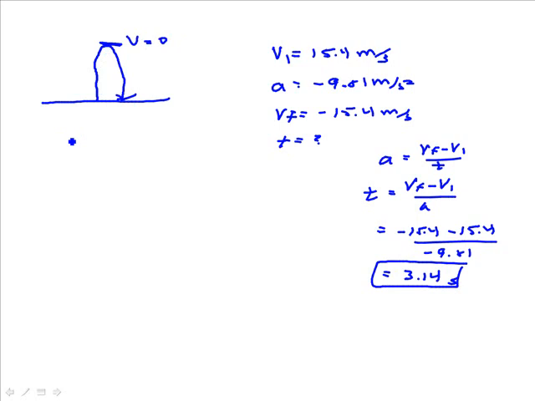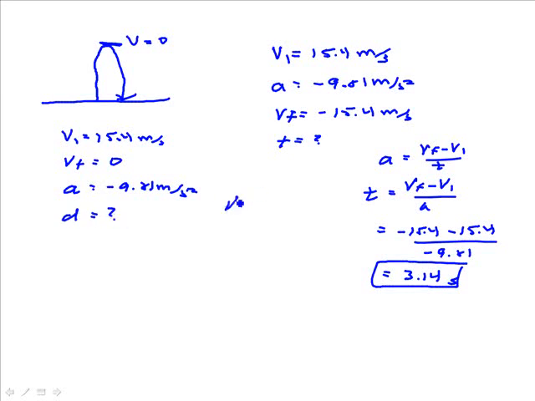So you could say the initial velocity is 15.4 meters per second, the final velocity at the top is 0. We know that it's 15.4 negative coming down, but at the top it's 0. And of course the acceleration that's causing this change is 9.81, and we can calculate what the displacement is.